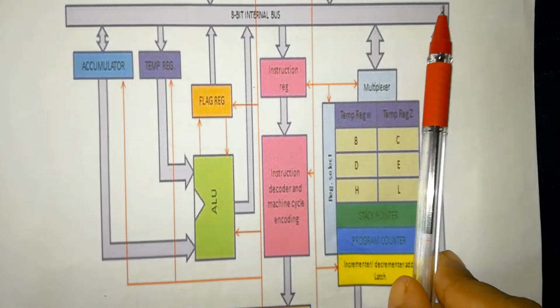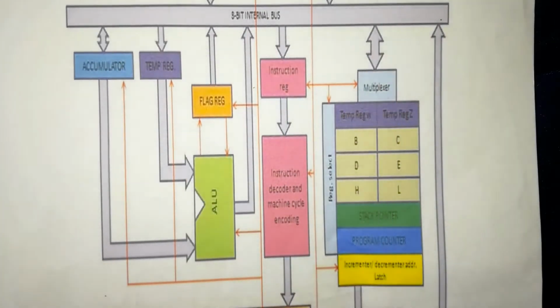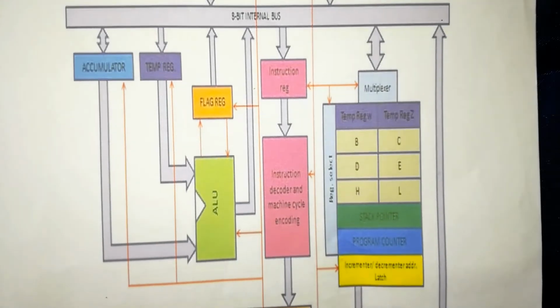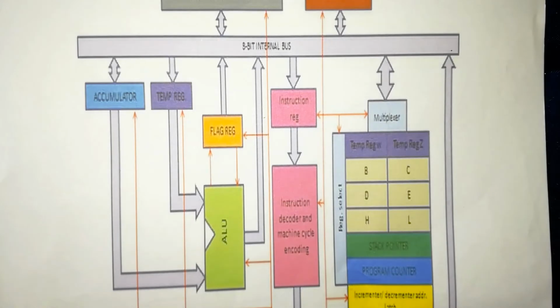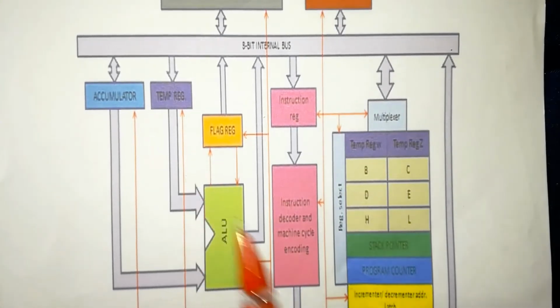Data and address will be carried on this internal 8-bit data bus. Control signals are all over in the diagram. That means they are used to keep control on each and every peripheral device of this architecture.